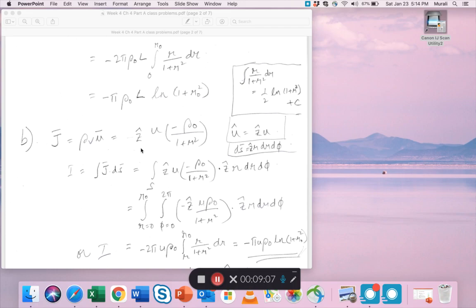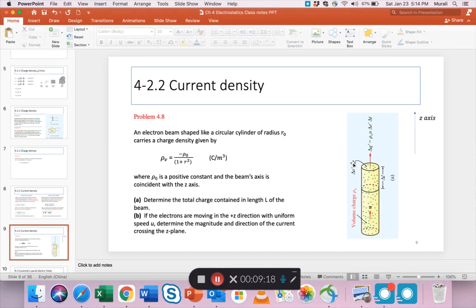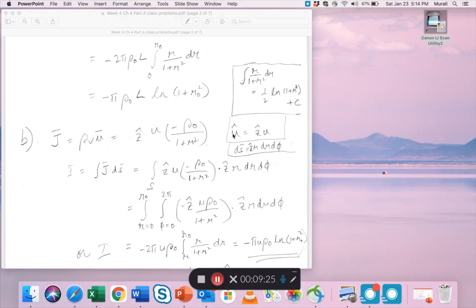That is in the z direction, because u is z-hat u, if you want to assign a vector in this direction, u, which is shown along the z axis, so that's z-hat u.